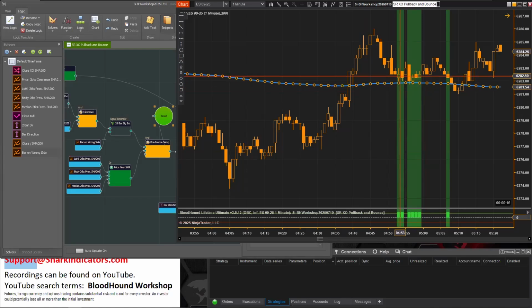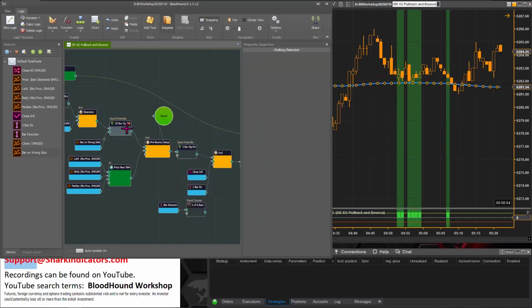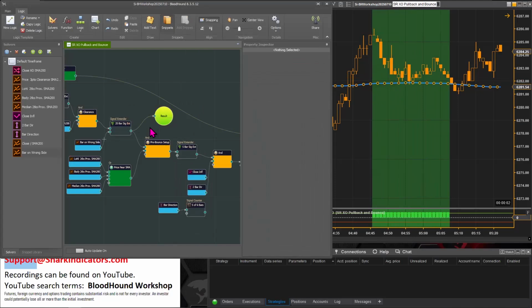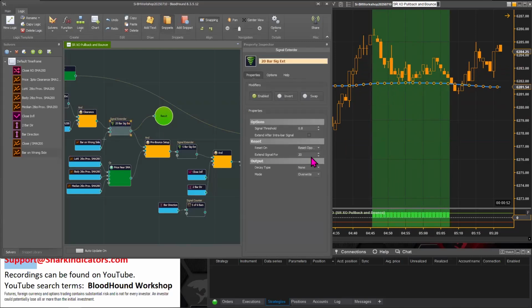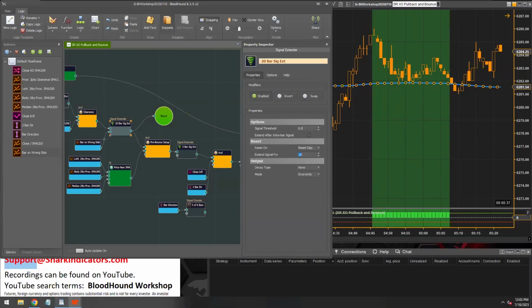So if we want this to look like a nice clean pattern, when price gets within proximity here, that needs to also turn off this 20 bar extension. This 20 bar extension, as we're finding out, is becoming kind of problematic here. But sometimes you need 20 bars, or maybe not.